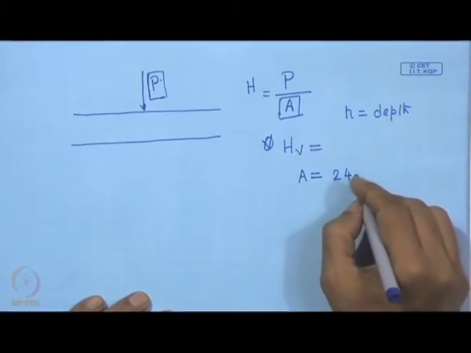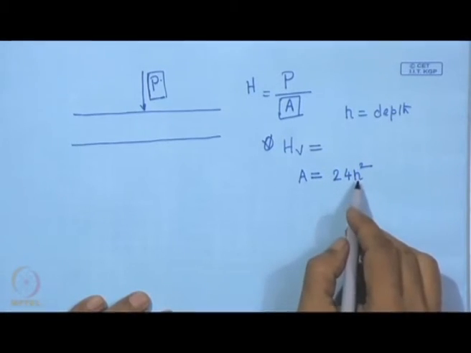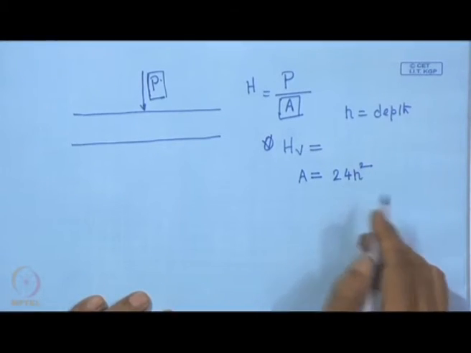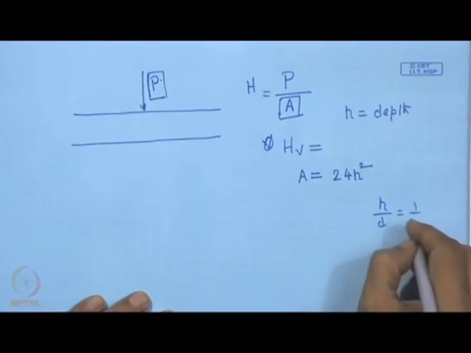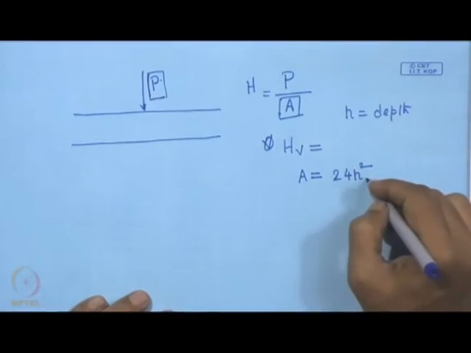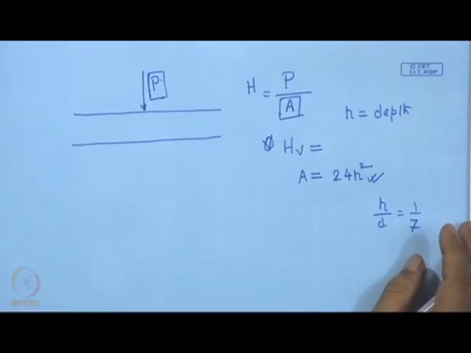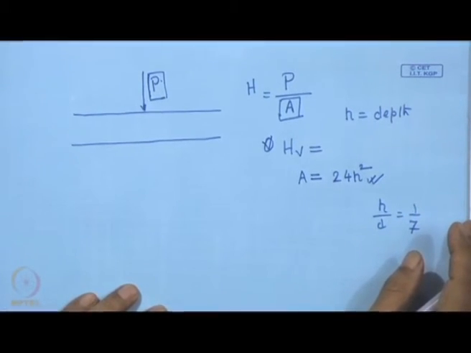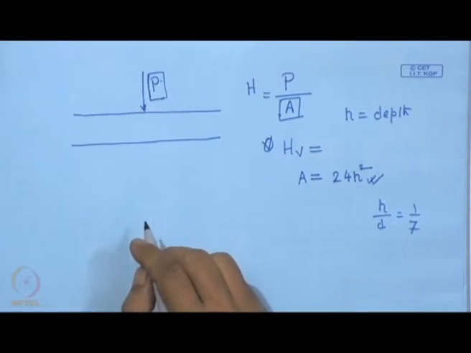It comes very close to 24 h square, and in this case the diagonal length d and h are related by h by d as 1 upon 7. So, in this case measurement of penetration is done, and it is not an optical measurement of the diagonal or of the diameter of indentation.